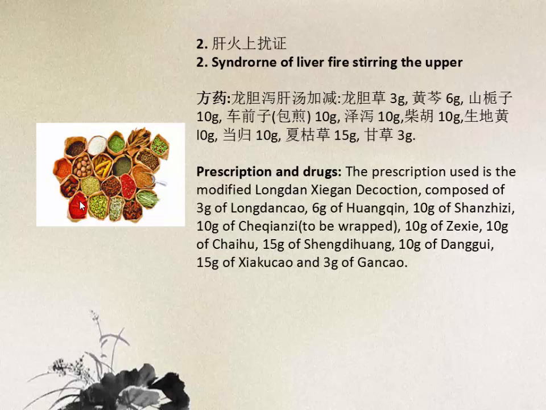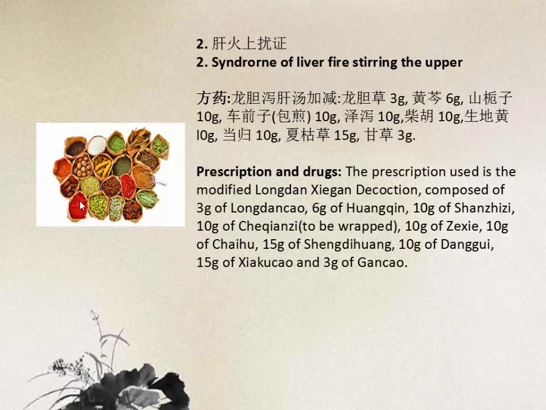Now, Xia Ku Cao clears heat from the liver and is also very useful for nodules. So when we have things like damp heat and some kind of heavy wax buildup, we might use it. But normally it's used for actual nodules in the body, when it's stagnated heat.